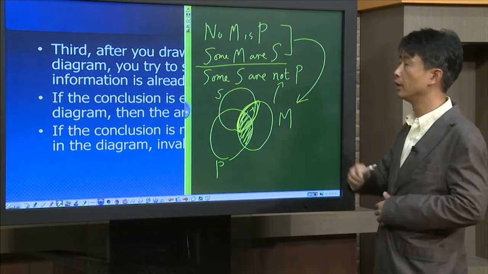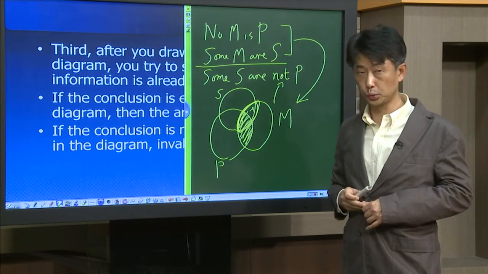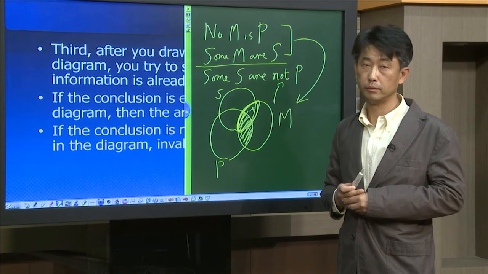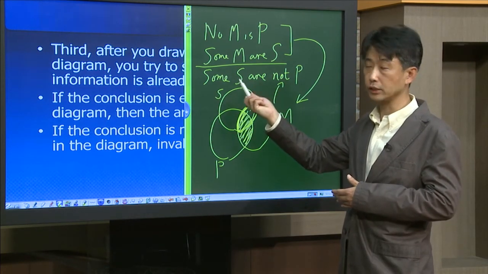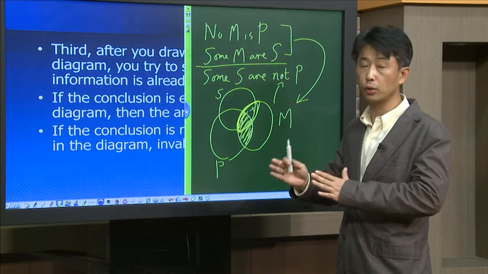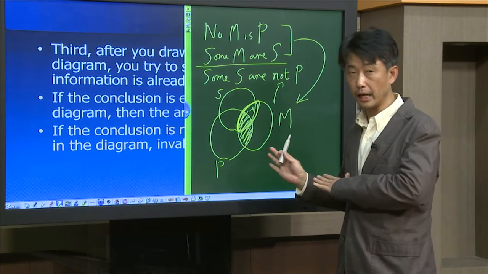That means if these two premises are true, the conclusion must be true. In other words, the conclusion follows logically from these two premises. And you have just shown that that is the case by using the technique called Venn diagram technique.